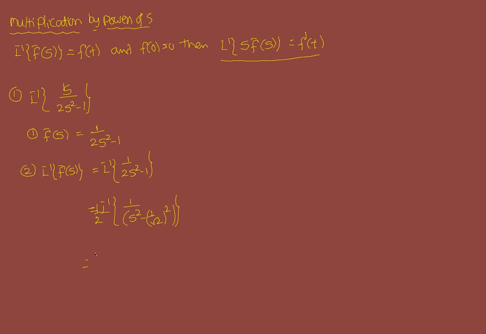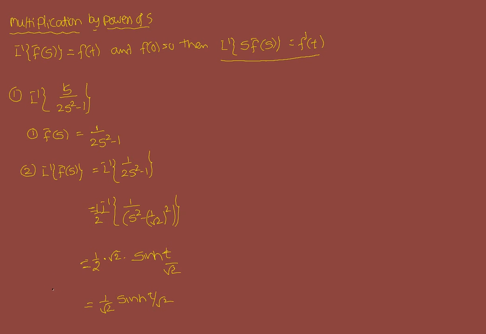That is equal to 1 by 2 into root 2 into sine of 1 by root 2 into t, that is sine at. Therefore 1 by root 2 into t is nothing but t by root 2. So that is nothing but 1 by root 2 into sine t by root 2.